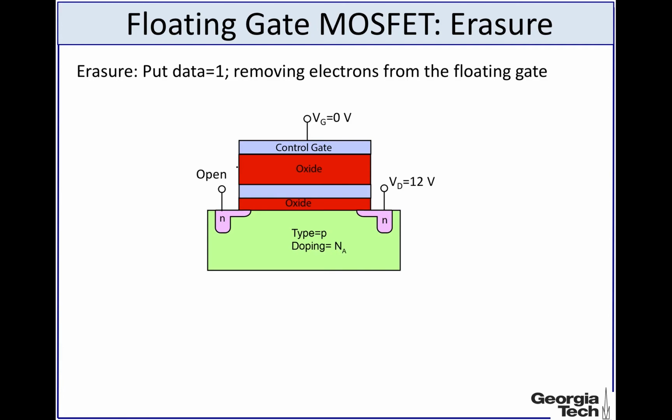Alright. Now note that only by an erase operation can you remove the electrons from the floating gate. Removing the power supply voltage or putting the power supply voltage to 0 volts does not remove the electrons from the floating gate, and essentially that gives rise to the non-volatile nature of the floating gate MOSFETs.